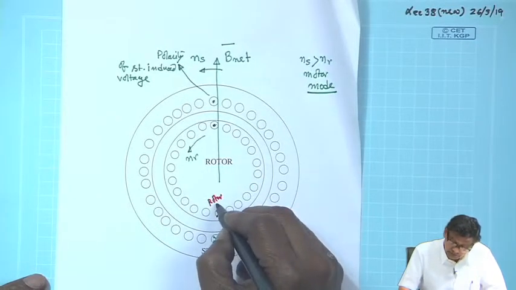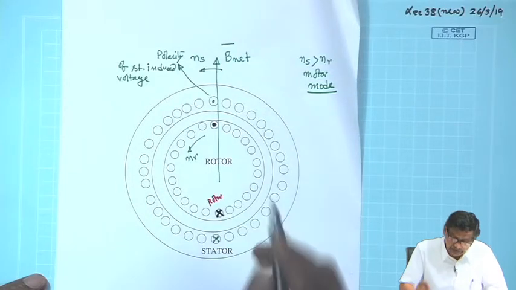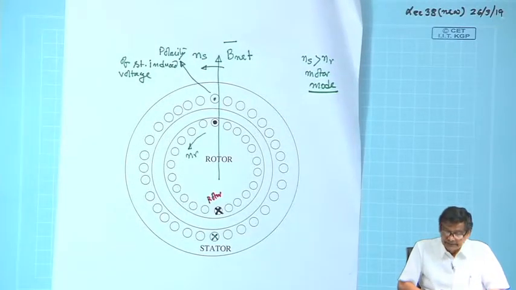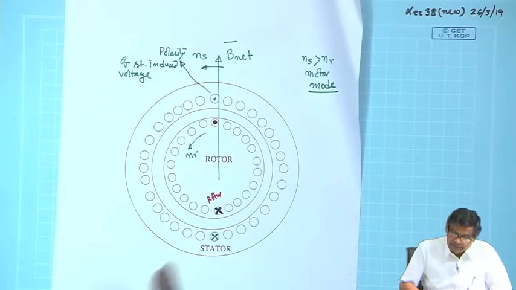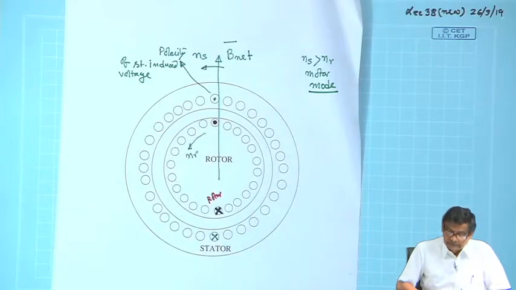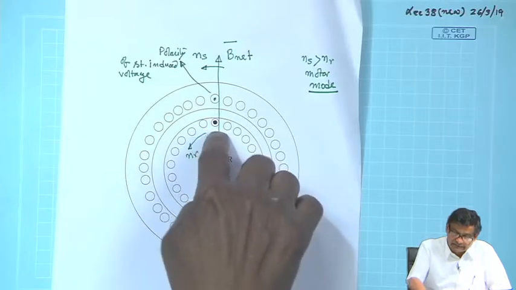Rotor induced voltage polarity, this is dot, this is cross, that is fine. But since the rotor circuit has a resistance and reactance, the current lags. This is the polarity of the maximum induced voltage at this instant.